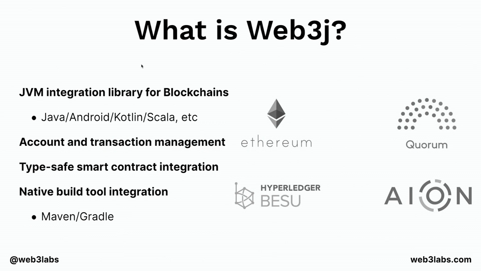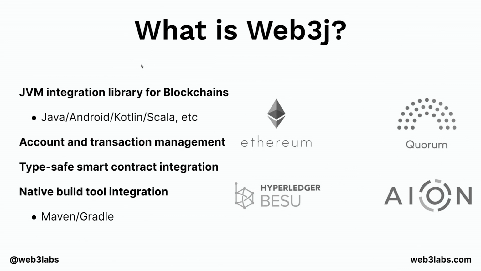I'm going to start off by just talking a little bit about Web3j, just because this is really where we started on our journey originally with blockchain back in 2016. What it provides is a very straightforward Java-based environment for integrating with a number of leading blockchains. It does things like account and transaction management, and creates nice abstractions to simplify what developers need to do.